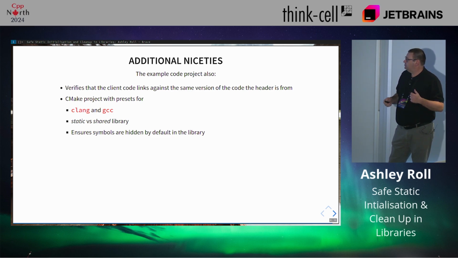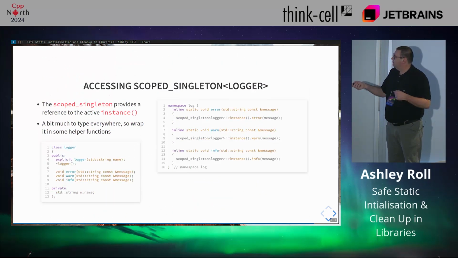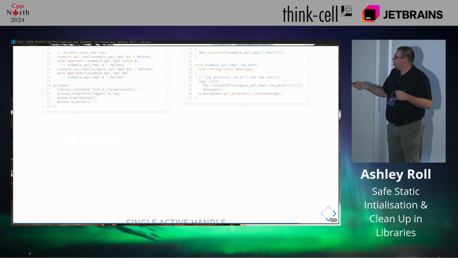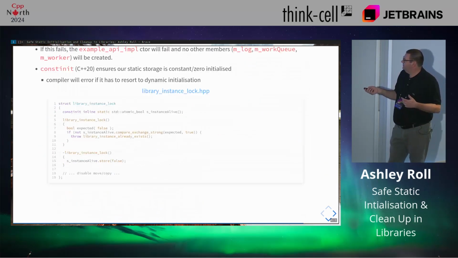And it ensures, this is a key thing, when you're building these libraries, make sure you hide all your symbols by default. Otherwise, all of these carefully hidden objects in your library can actually become accessible, and someone can link against it if they try hard enough.